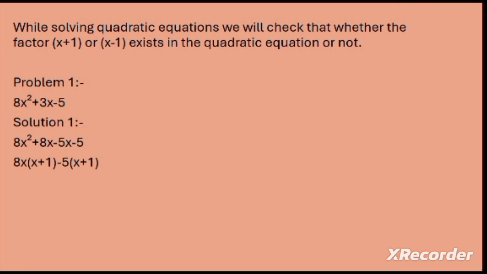Now if I want to make the third term, which is minus 5x, what should I do? I will simply multiply minus 5 by x, so I will get the third term, which is minus 5x.